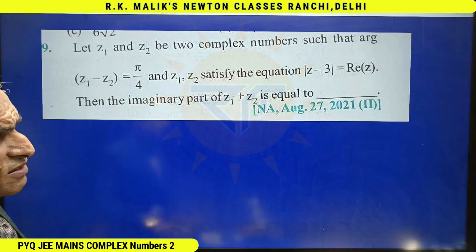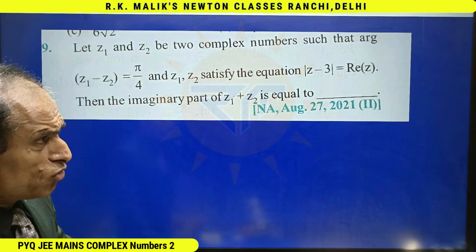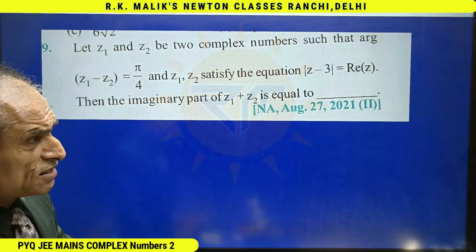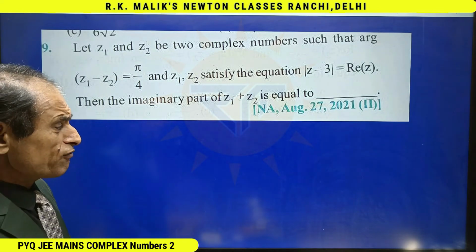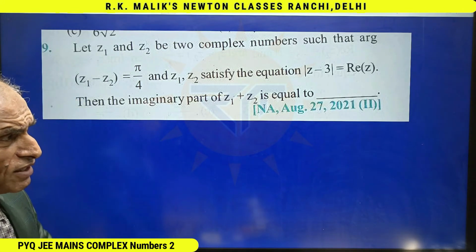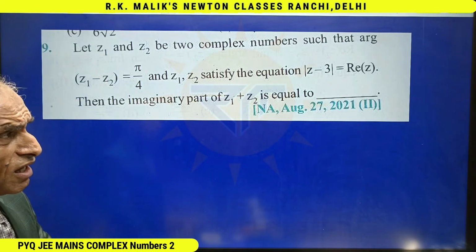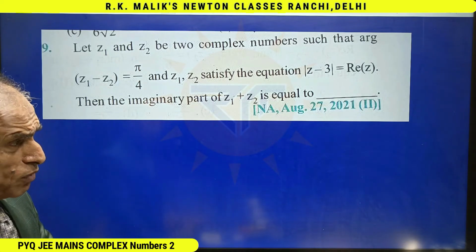It means Z moves such that its distance from the point 3 and its distance from the y-axis are equal. And we know that if a point moves such that its distance from a point and its distance from a line are equal, the locus of that point is always a parabola.